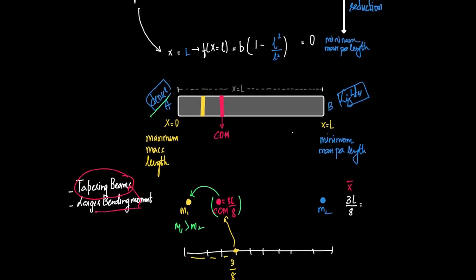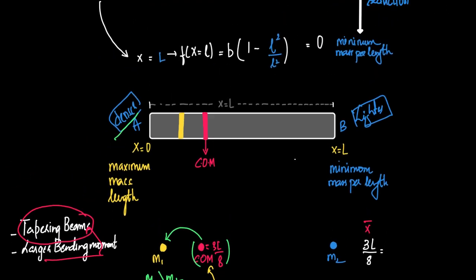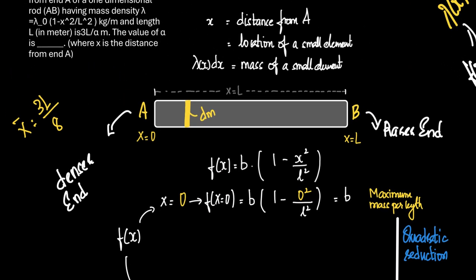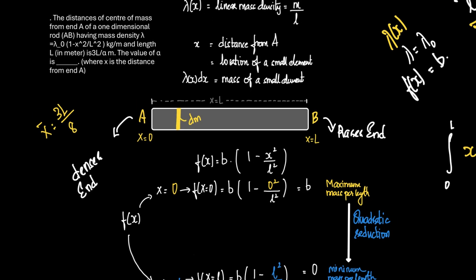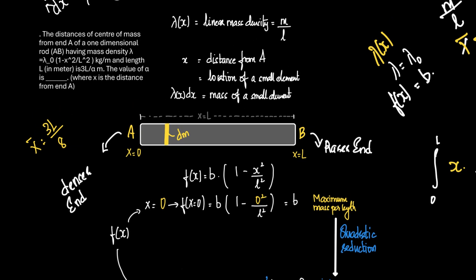For that, we have to come back to our diagram, which is here. So when we say that the linear mass density is a function of x, which means linear mass density will have its lower limit at the lower limit of length, which is x equal to 0.